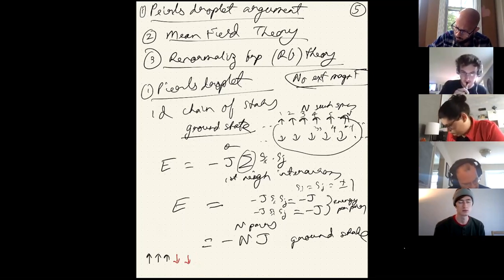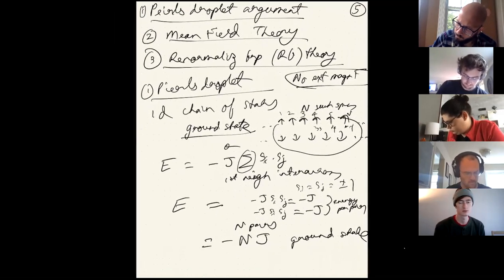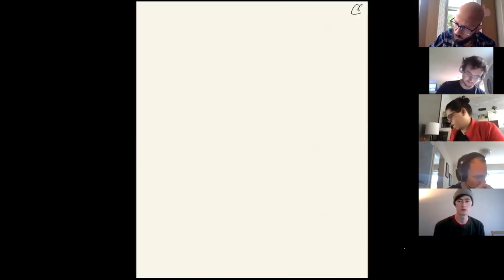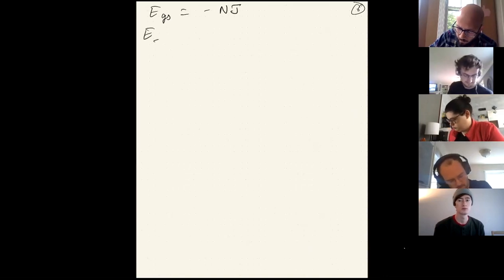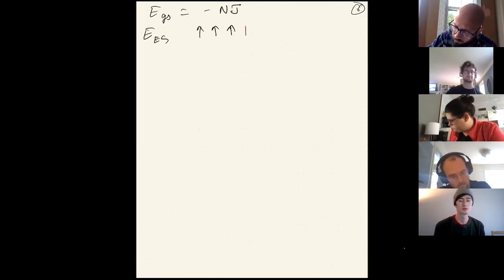Let's just start with only one spin, and let me do it on the next page. We just showed that E ground state, or Thomas just showed that E ground state is equal to -nJ. Now we are talking about the energy of an excited state, where we just introduced one spin to be opposite of everything else.